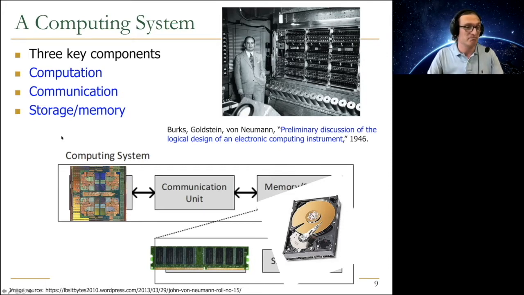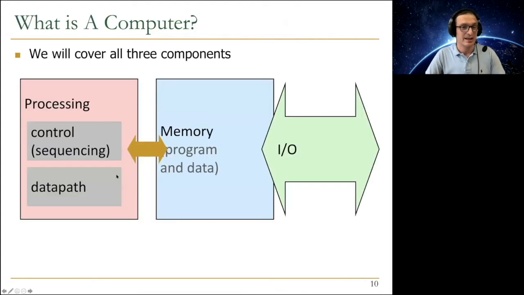And we have focused a lot on the computing paradigms, let's say. And as I said, this is a slide from one of the earlier lectures. I said we will cover all three components. And we have covered memory a little bit. It's true, we have covered the memory a little bit, but we have never focused on it. So now we're going to shift the focus to memory. And hopefully you know extremely well the processing side of things.